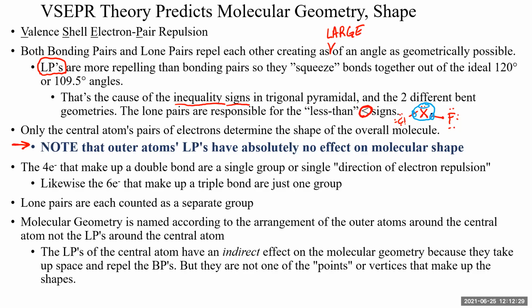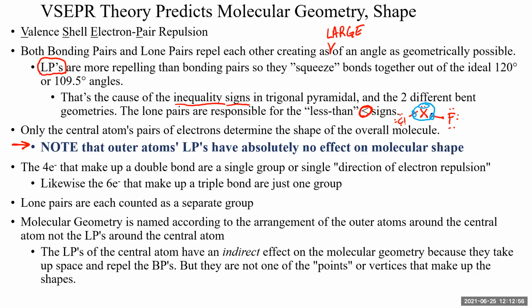Also, how do you count groups of electrons, or how we're going to often have to count or number how many different or separate groups of electrons. Even though VSEPR stands for electron pairs, oftentimes multiple pairs are going to make one single group. For the purpose of counting the different groups or different directions of electrons, a double bond and a triple bond, the electrons in that double bond and triple bond are a single group.